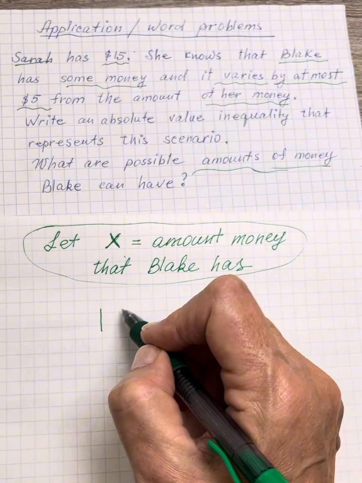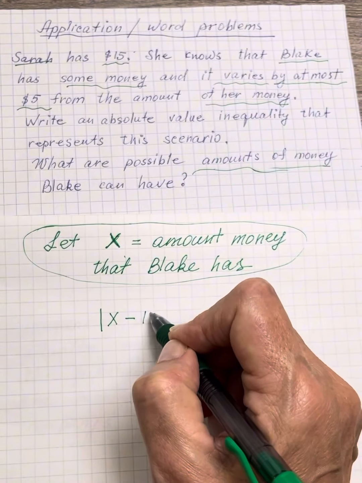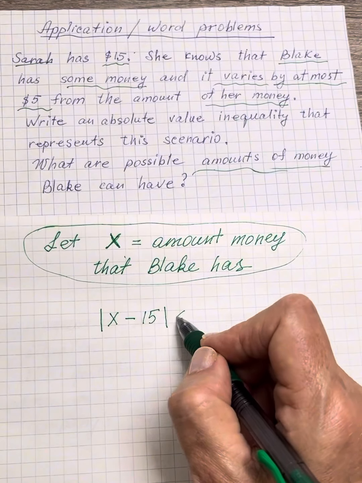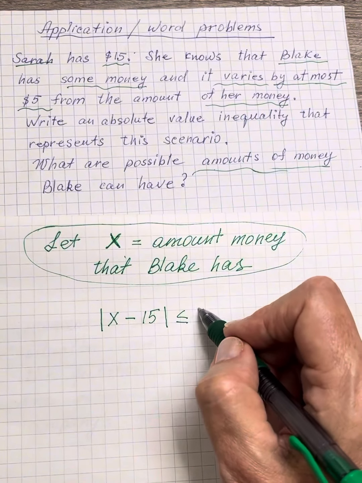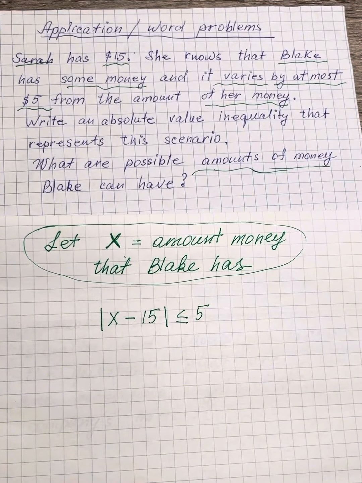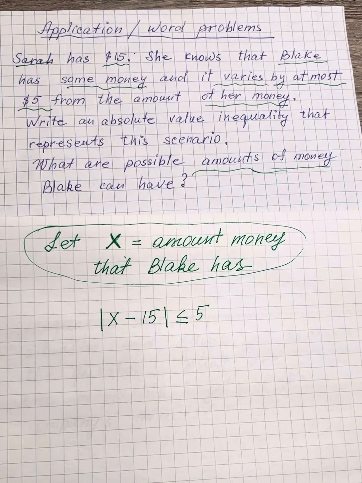So the difference between what Blake has and Sarah, and it varies between $5, right? And here is our equation we set up, and now we know how to solve it.